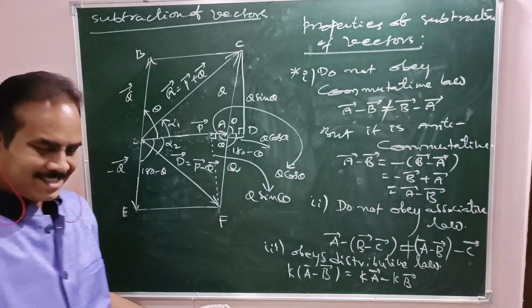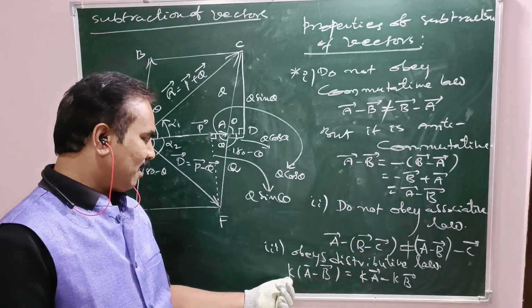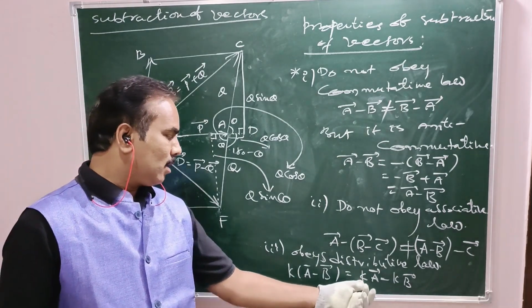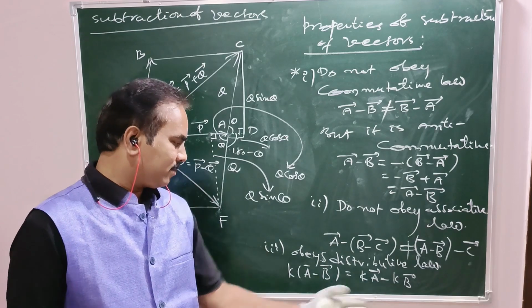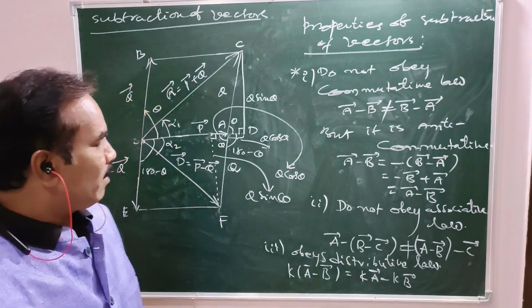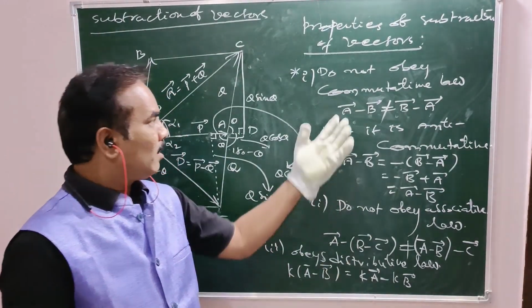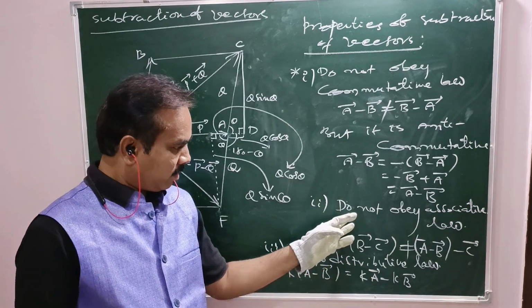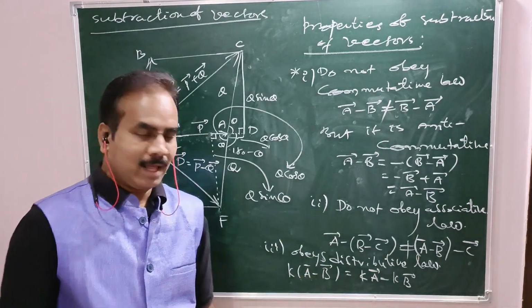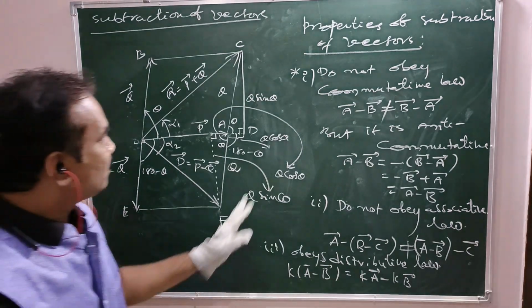If k is a scalar and A bar and B bar are 2 vectors, then k of (A bar minus B bar) equals k A bar minus k B bar. Here the constant is distributive. So subtraction of vectors does not obey the commutative law, but it is anti-commutative. It also does not obey the associative law, but it obeys the distributive law as shown.